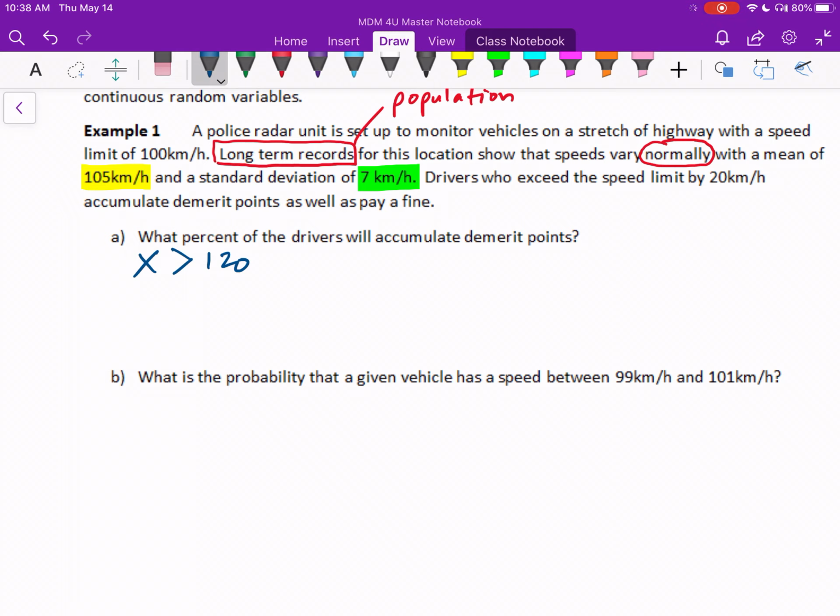So we can calculate the z-score for X equals 120, and that would be 120 minus the mean, which was 105, divided by the standard deviation, which was 7, and I get a z-score of 2.14. This is what we look up, right?